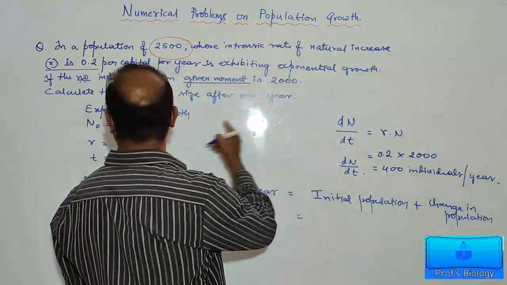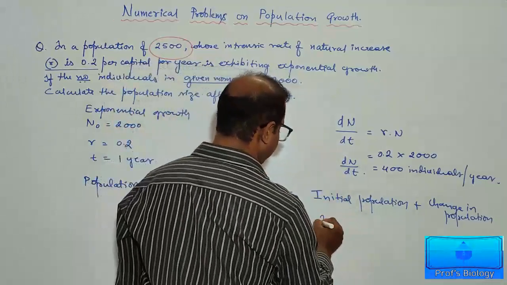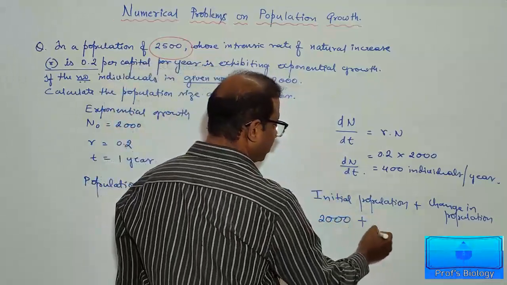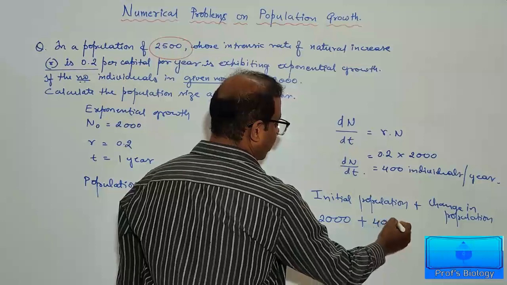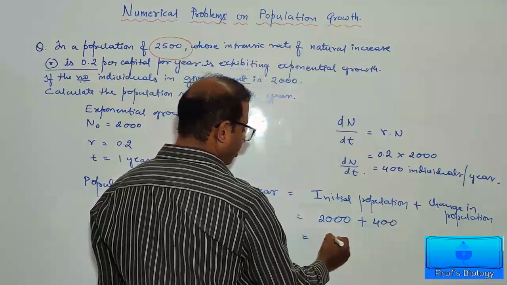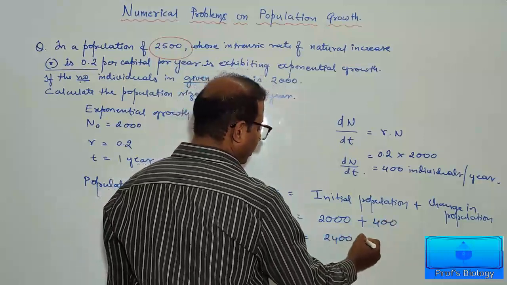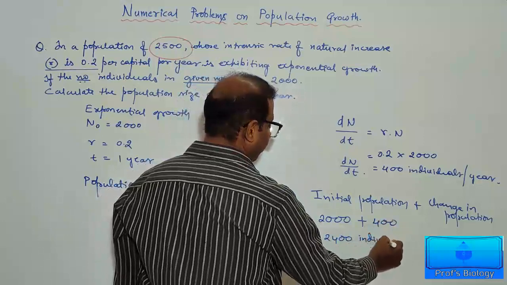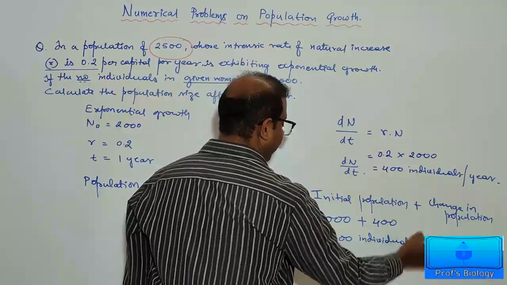Now initial population N naught is 2000 plus 400, which would be 2400 individuals at the end of the year.